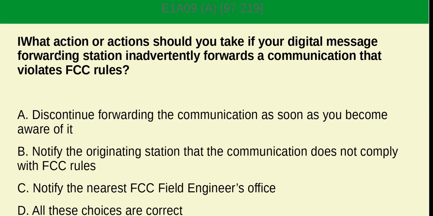So, oh, there's another typo. What action should you take if your message forwarding station inadvertently forwards communication that violates FCC rules? Discontinue. Yeah. You don't have to notify the field office.